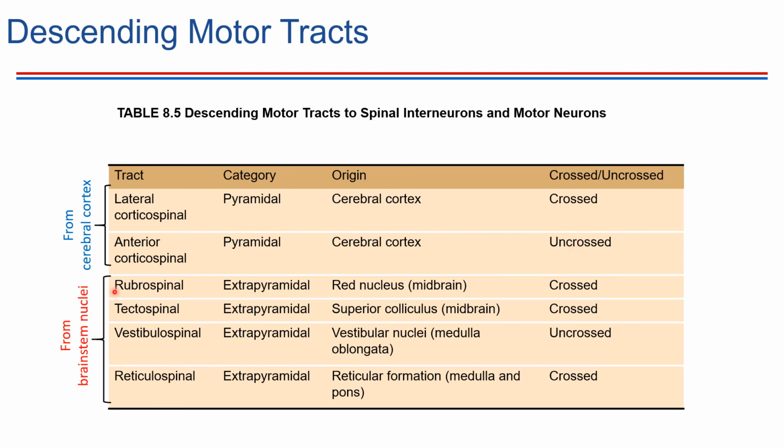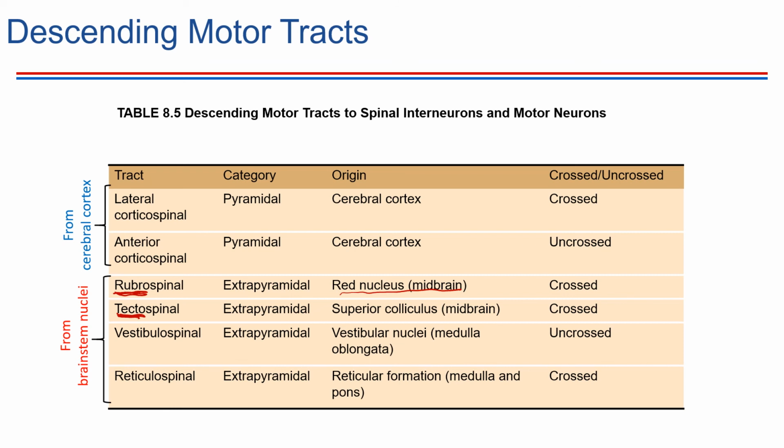The rest of these tracts, we're going to really keep it simple. They're coming from the brainstem, in the nuclei. So they're just named for where they come from, and we can look at some of these really quickly. Rubro means red, so that's going to come from the red nucleus. That red nucleus is in your midbrain. Tecto, we think of the tectum, so you have that superior and inferior colliculus.